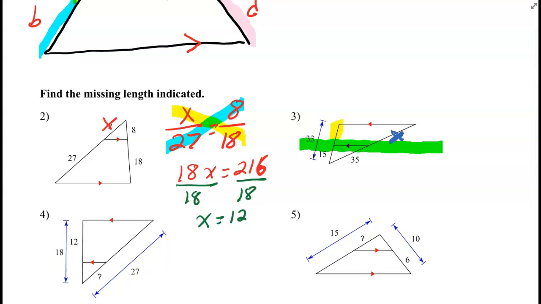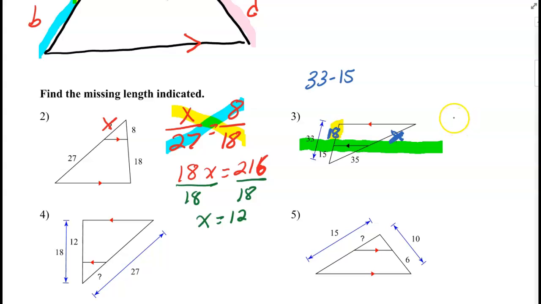So in order to find that yellow length, I'm going to do 33 take away 15, because the whole is 33 and the bottom piece is 15. When you do that, I'm going to grab my calculator here. 33 take away 15 is 18. So that yellow piece is 18.